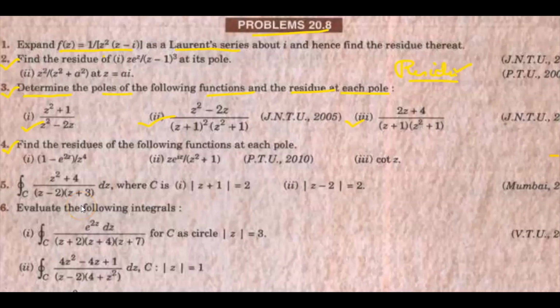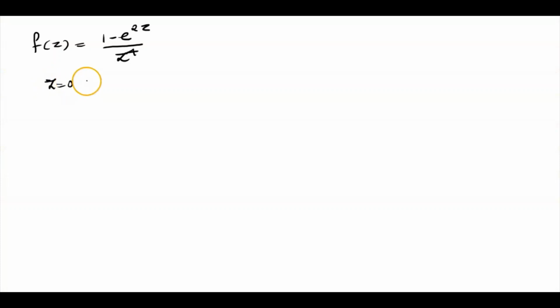The fourth question is (1 minus e raised to 2z) divided by z raised to 4. z equal to 0 is a pole. Find the residue of f(z) at z equal to 0 using series expansion, since here e raised to 2z is there.